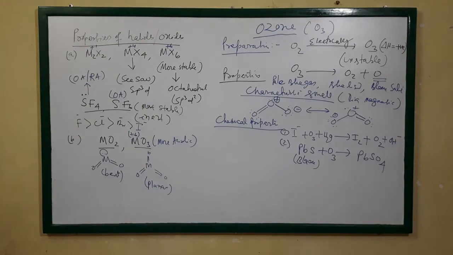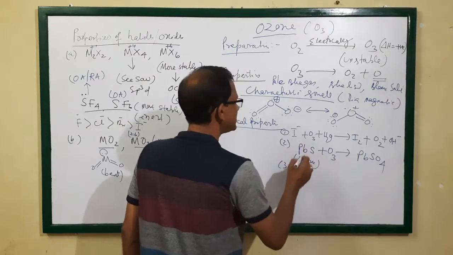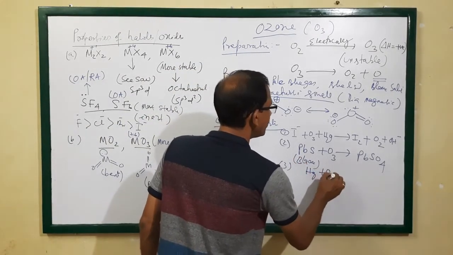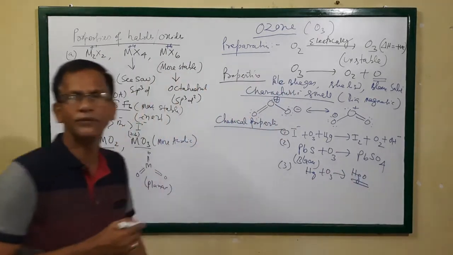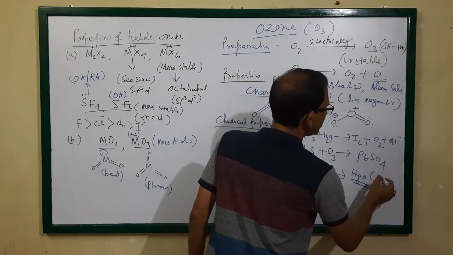Ozone also, as I have already told you, oxidizes mercury to mercury oxide. This is called tailing of mercury.